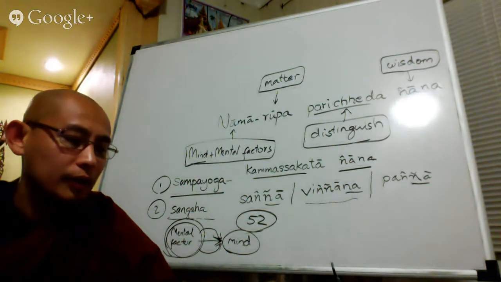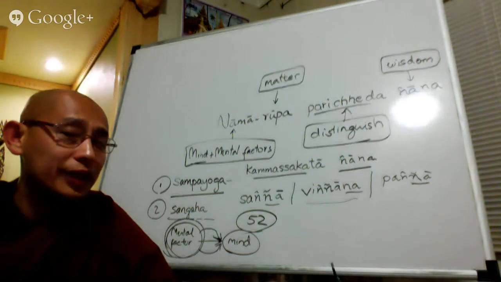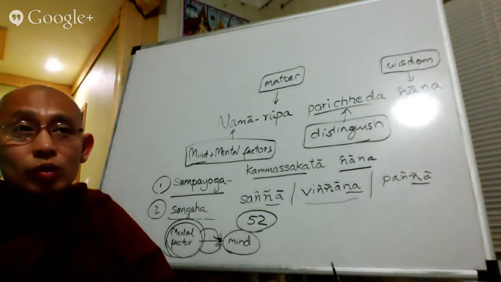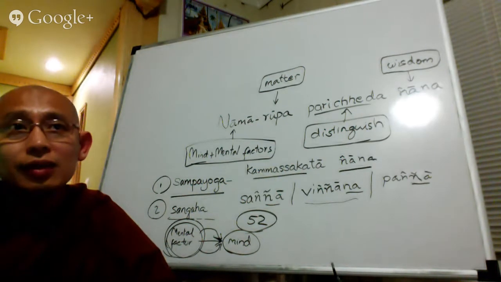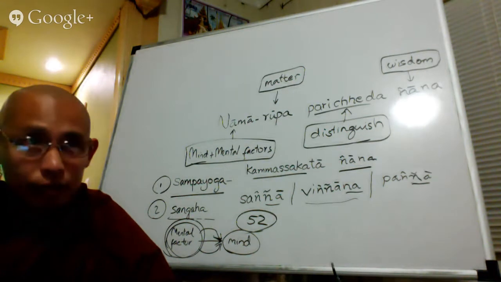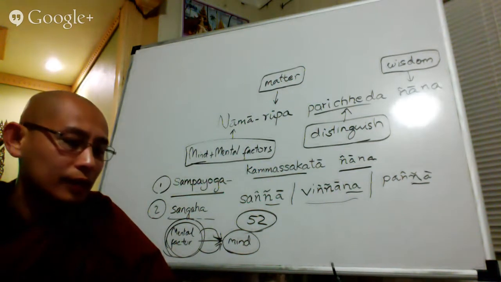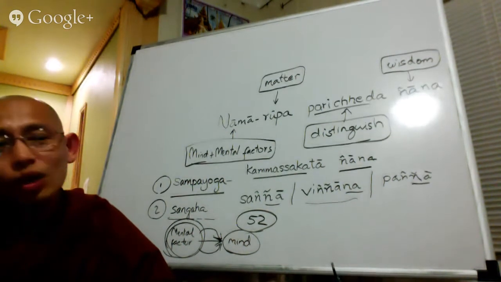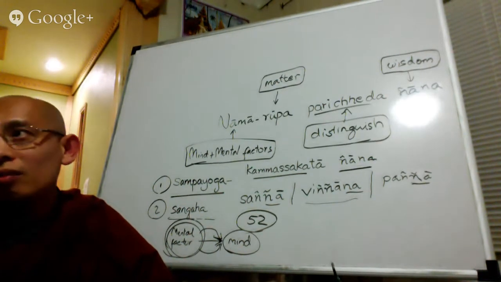Okay. But the next one, we need to be careful. The next one is rootless mind. Rootless mind is altogether 18 types. But Vitaka is associated with only 8, not all 18.